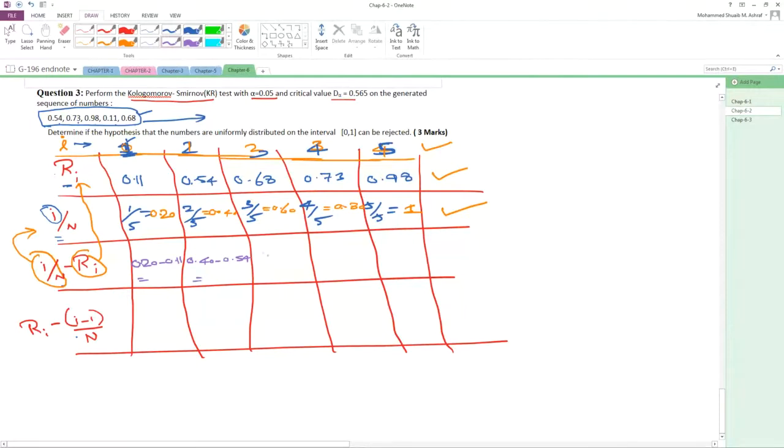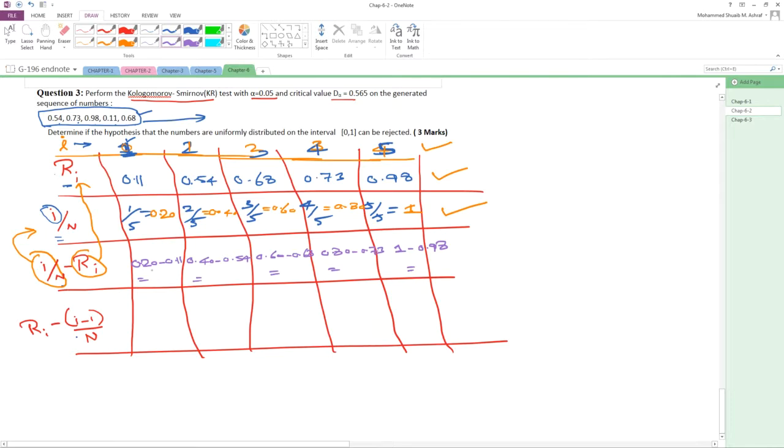We will calculate it. Then 0.60 minus 0.68. Here 0.80 minus 0.73. Here 1 minus 0.98. Yes, Mohammed, open the calculator and tell me the answer.